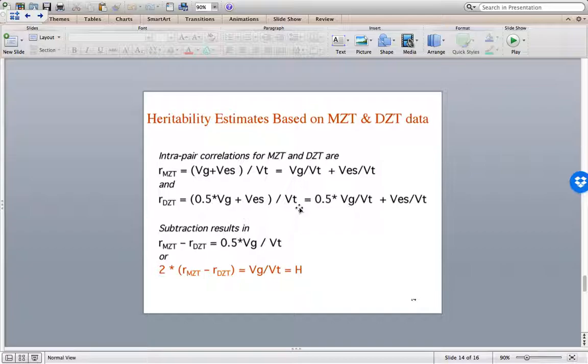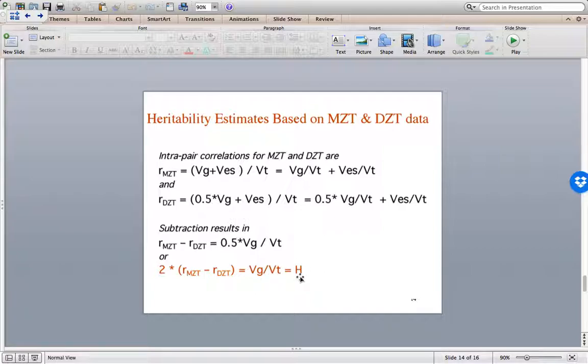Now, if we subtract the dizygotic correlation coefficient from the monozygotic correlation coefficient, then we get 0.5 times the genotypic variance over the total phenotypic variance. And then we can rewrite this as 2 times this difference, and that will equal our definition of heritability.